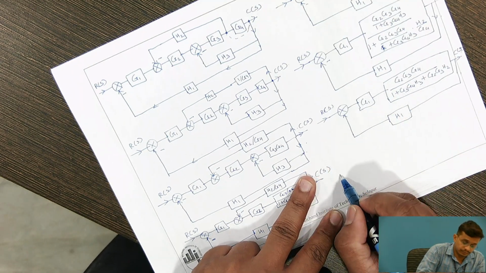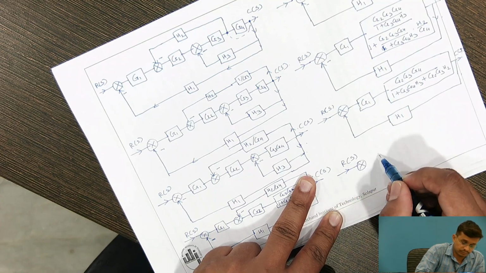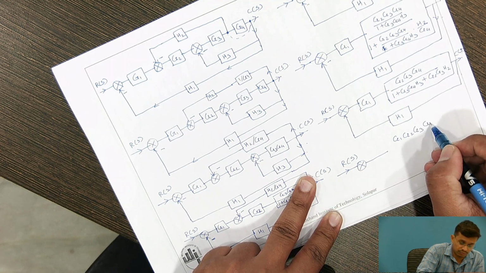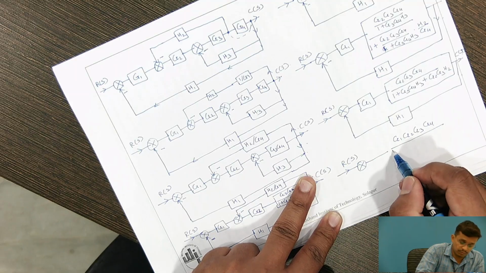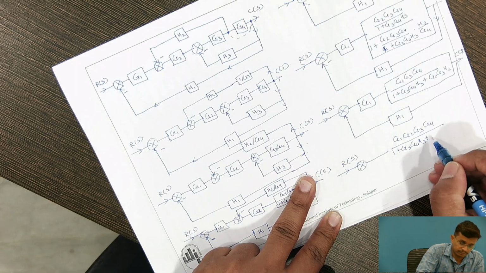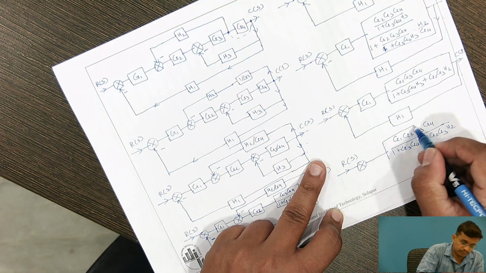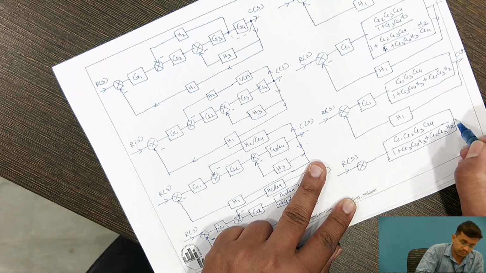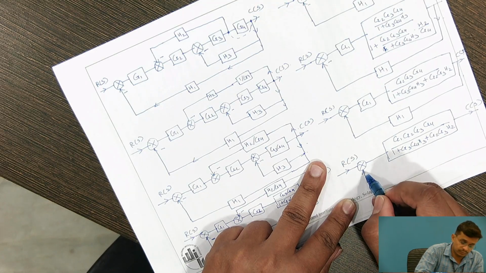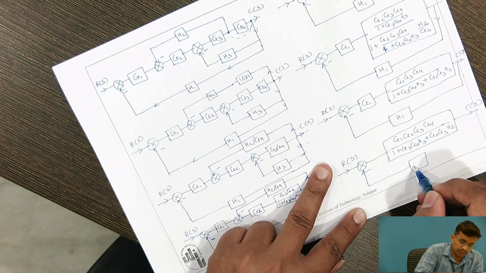So it will be G1 G2 G3 G4 upon the same denominator, 1 plus G3 G4 H3 plus G2 G3 H2. And this is negative, this is also negative, and this is the feedback path with the block H1.